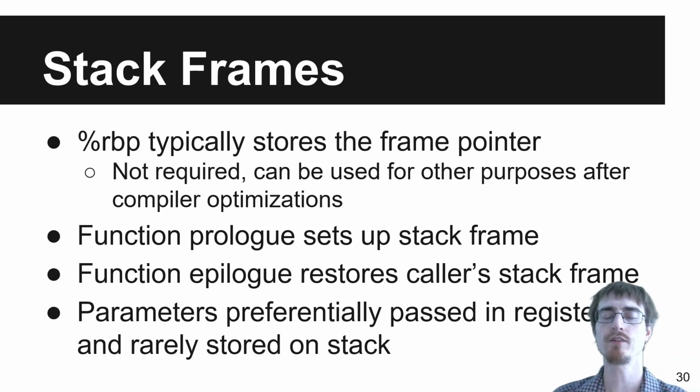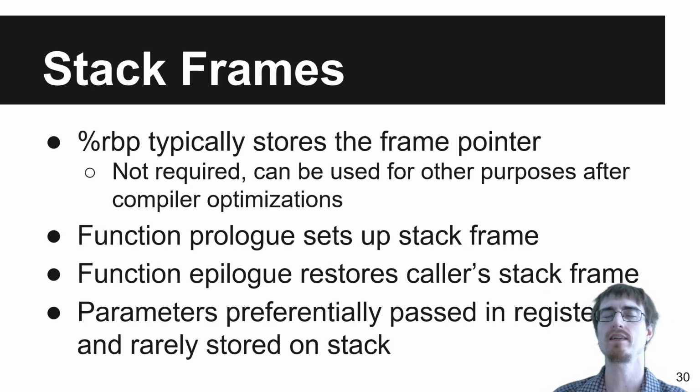So every function contains a prologue that sets up the stack frame, at least when not optimized. Every unoptimized function also contains an epilogue, which restores the caller stack frame. Right? So the function itself is responsible for making sure, when it returns to the caller, that the stack is in such a state as the caller expects. It basically has to clean up its own mess.